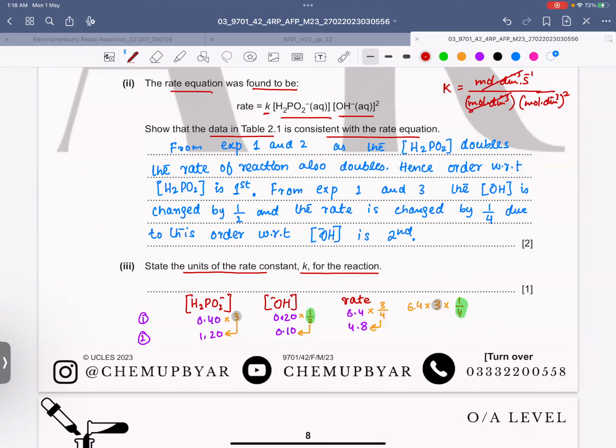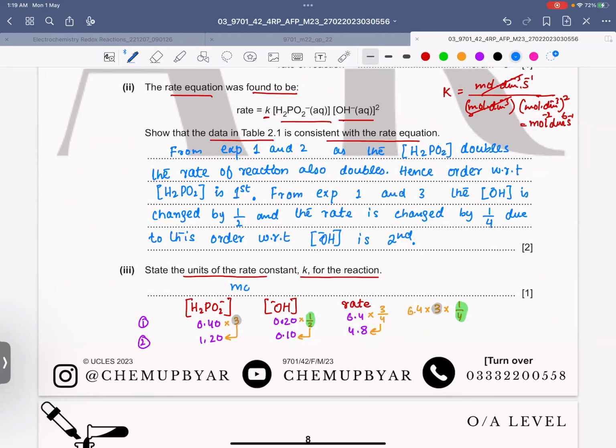So this would be cancelled with this one. And when I shift mole per dm cube whole squared into the numerator, it would become mole inverse squared dm6 and second inverse. So the unit over here would be mole inverse squared dm6 second inverse. Is this clear to everyone?